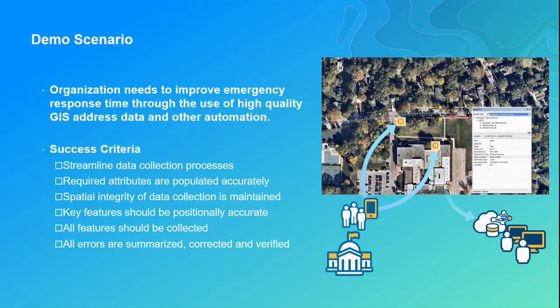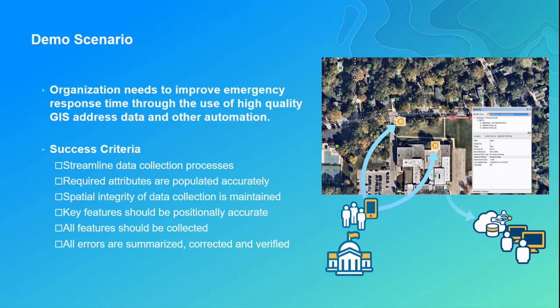As you can see in the image, I have address and parcel data, like address polygons and some driveway entrance points. Contributors will be collecting driveway entrance points, site address points, and parcel polygons and submitting them to the organization in a very transparent way.